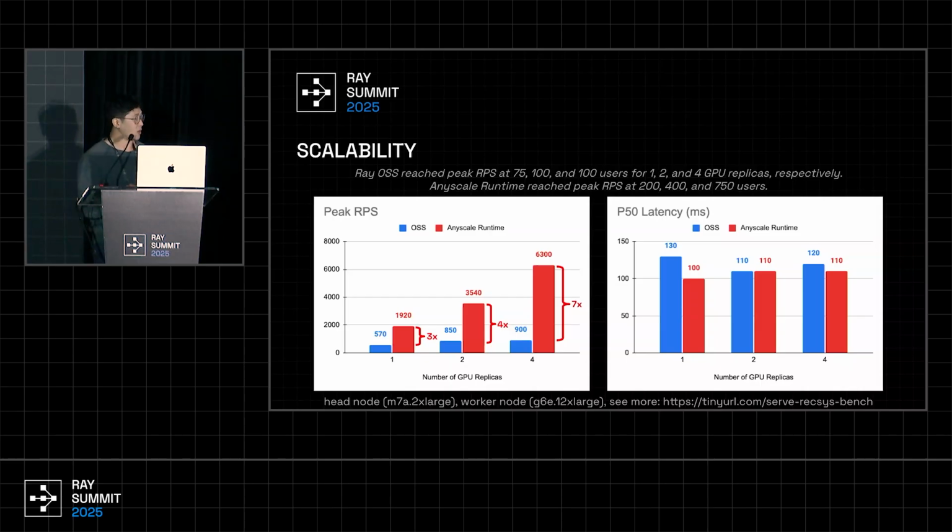And Anyscale runtime reached the peak RPS at 200, 400, and 750 users. So we're seeing that near linear scaling increase in throughput as we scale up the number of GPU replicas. And we're able to achieve this without sacrificing any latency at all. And in fact, the latency is actually better.